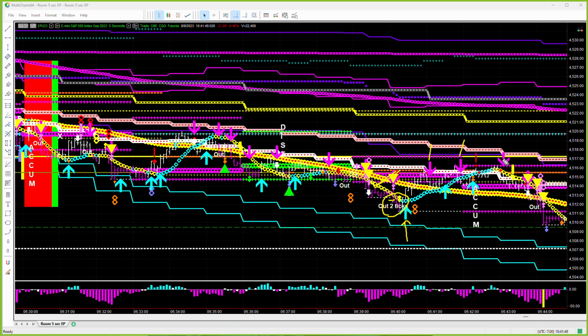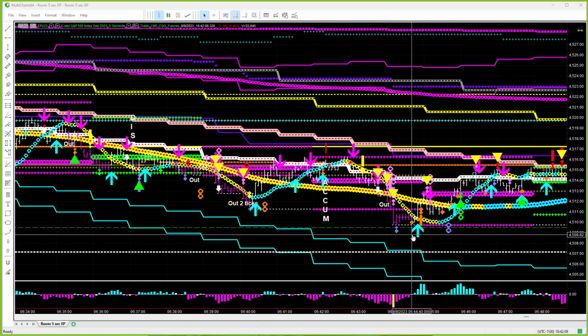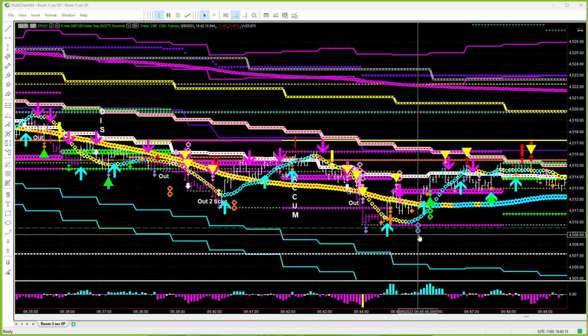So then it gets back over the volume point of control, get another down arrow, and then here comes the selling, right? We get an expansion and an arrow. You can have them both in the same bar. So I took the trade there and out. I kind of like these combinations of things that we have seen now. If you're seeing some up arrows, it kind of tells you, hey, be a little bit more patient.